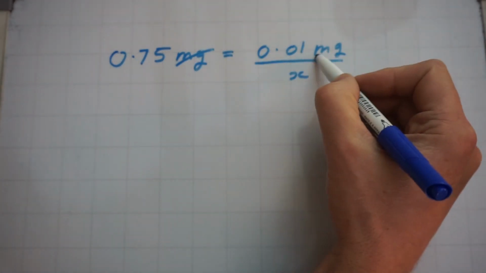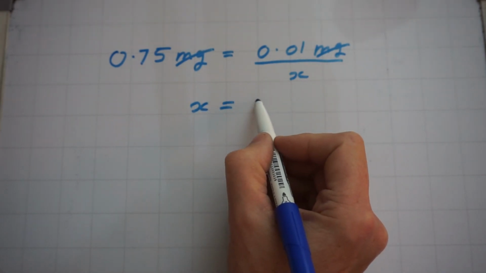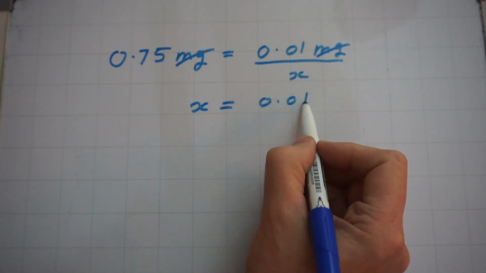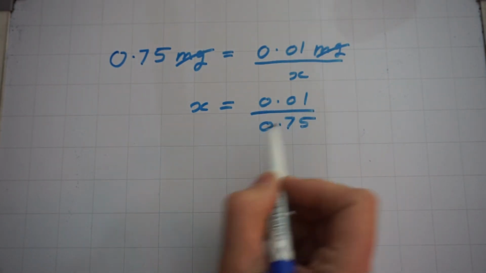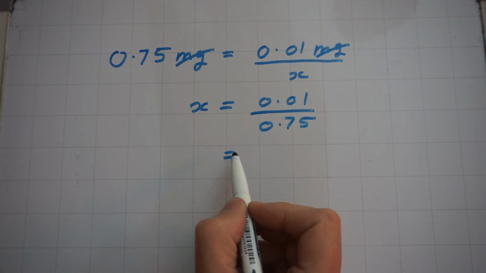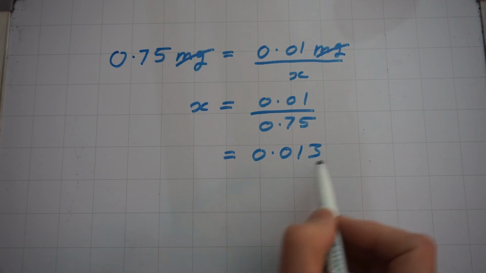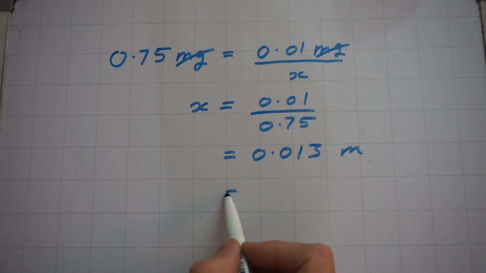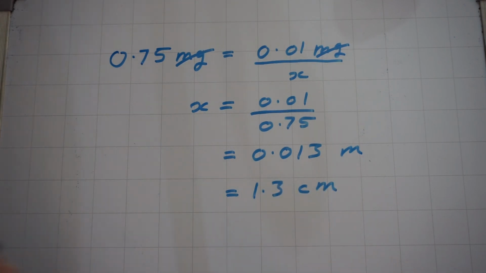We can cancel out the mg's and rearrange to get X equals 0.01 divided by 0.75, which will give us 0.013 meters or 1.3 centimeters.